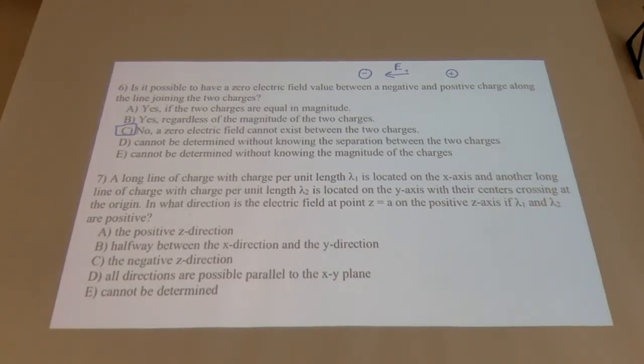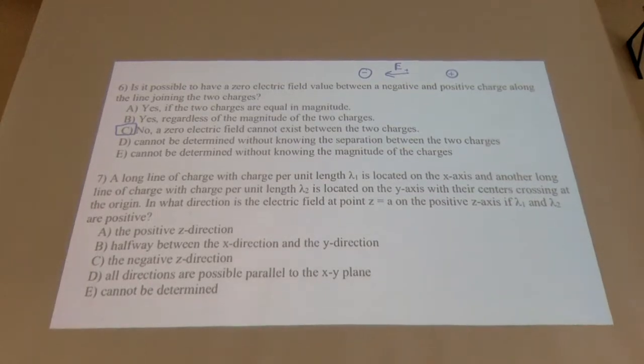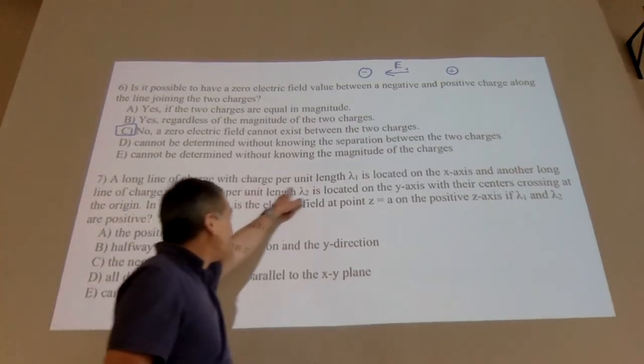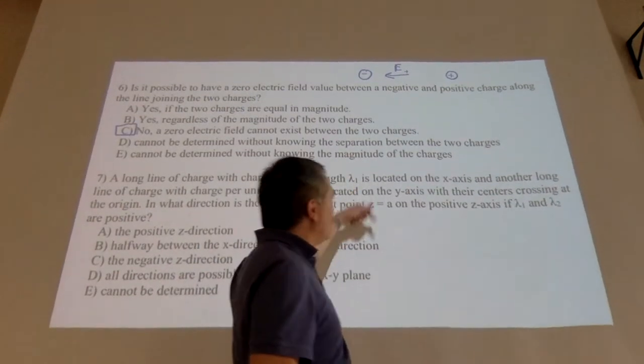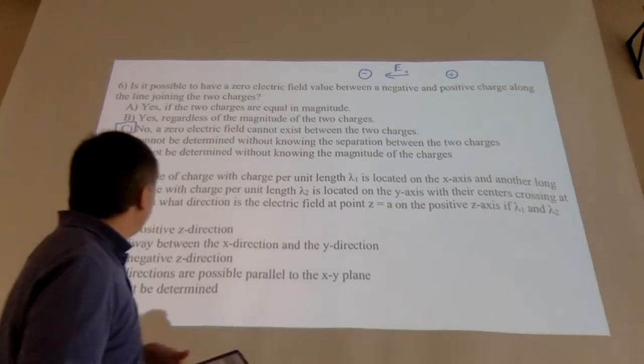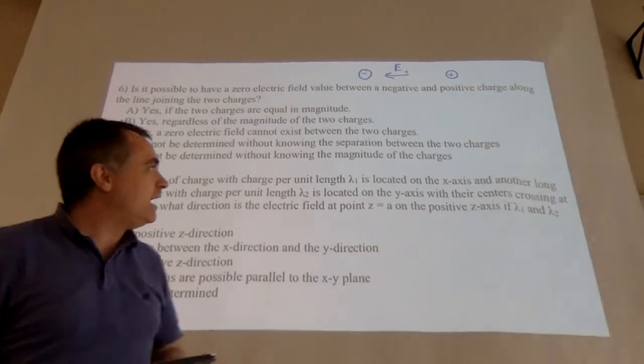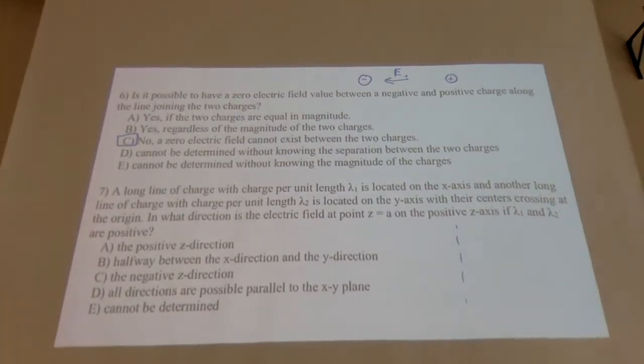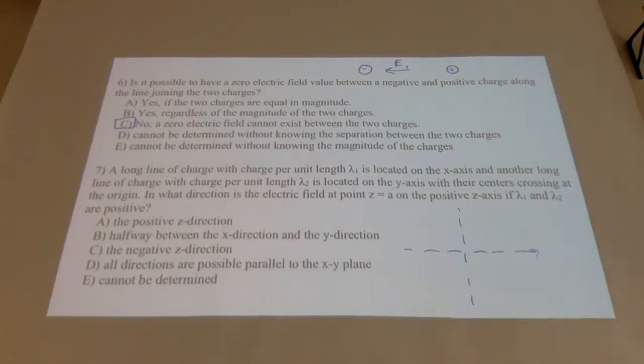No, you're good? No. Number 7 was probably the most difficult to sort of see what's happening among the multiple choice. A long line of charge with charge per unit length, or in other words, charge density, lambda, is on the x-axis, and another one is on the y-axis with their centers crossing at the origin. So let's say we have an x and y axis.